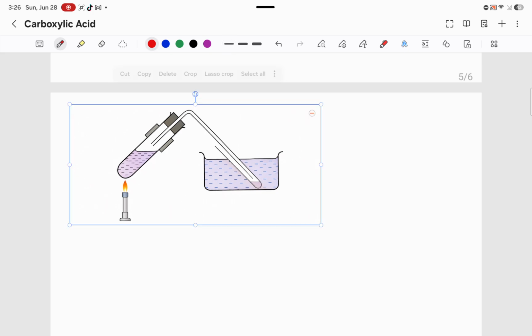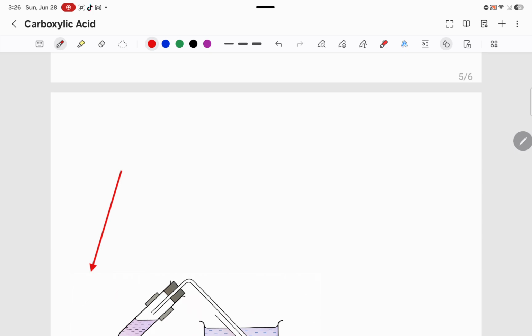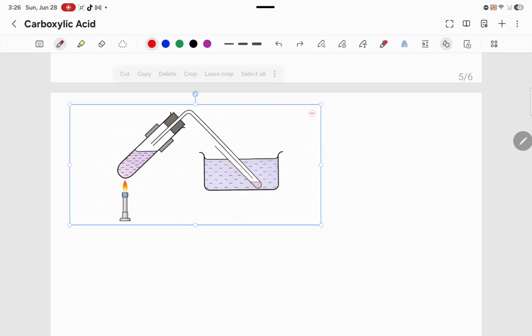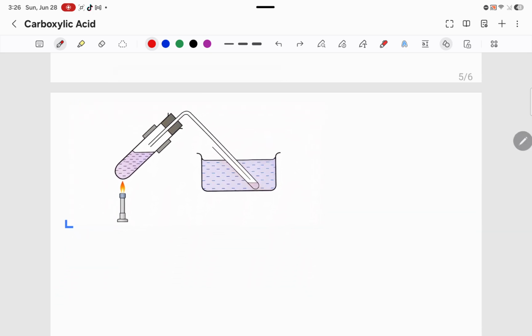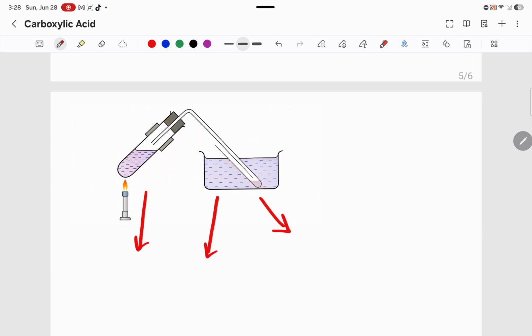So this is the whole laboratory setup for the production of ethanoic acid.